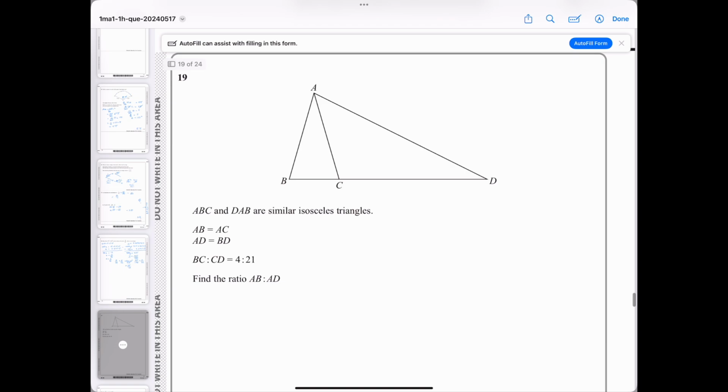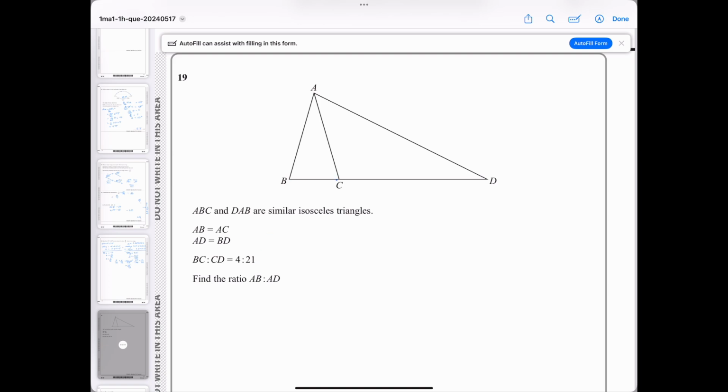Right, this is ABC, and that's DAB. Oh, and they're similar isosceles triangles, so it means, oh, I won't worry about that. So AB equals AC, but AD equals BD, but that also means that AB is the bottom of that one, and it's the side of that. So BC to CD equals 4 to 21.